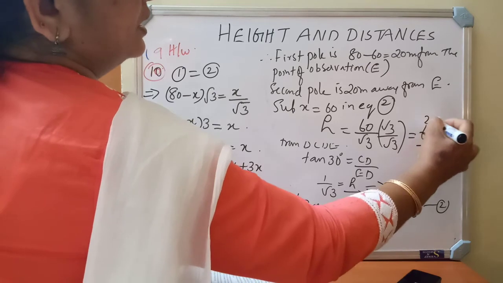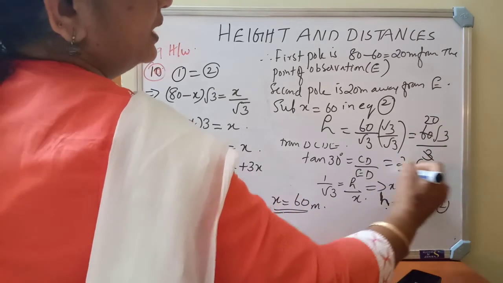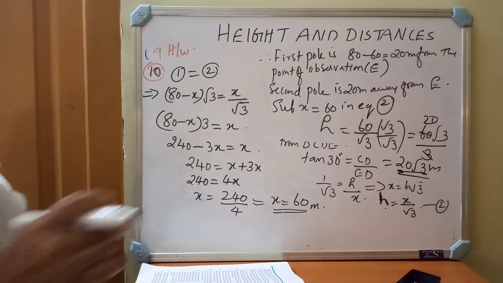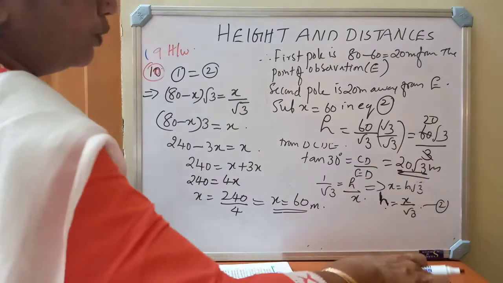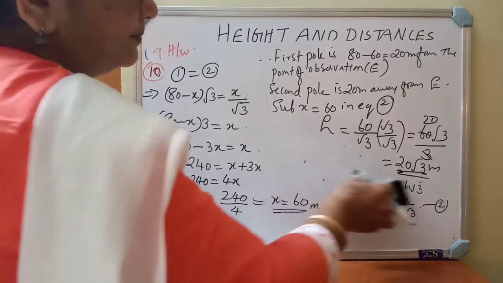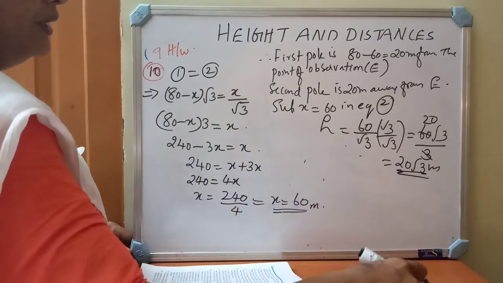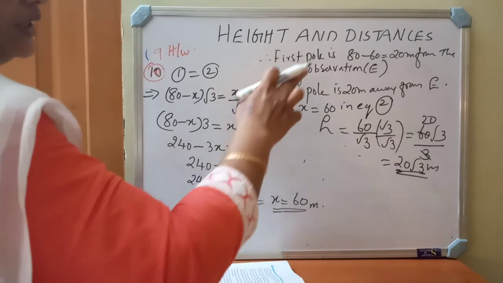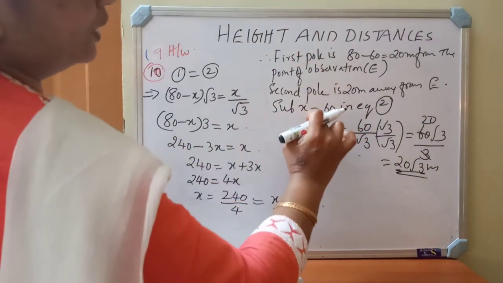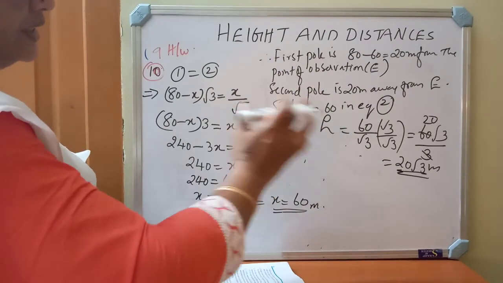That is 20 root 3 meter. So the height of the poles is 20 root 3 meter, the distance from the point to the first pole is 20 meter and to the second pole is 60 meter. Okay, so both the parts are done.